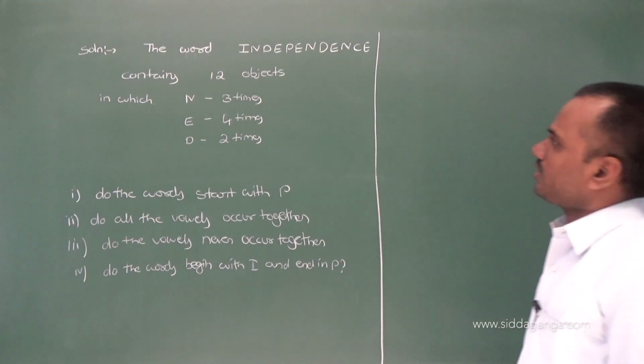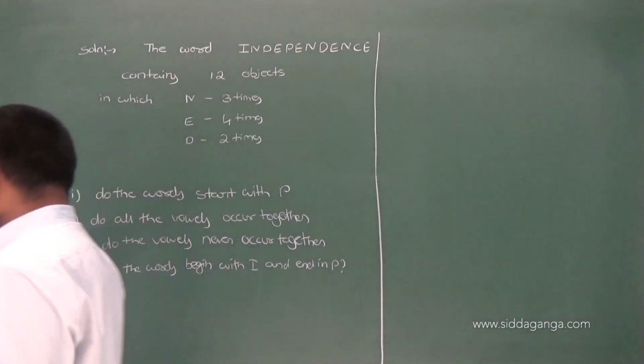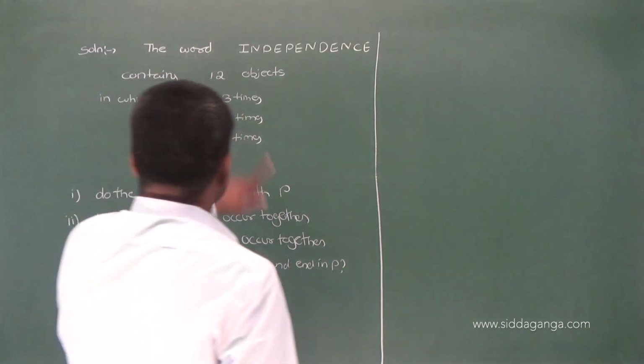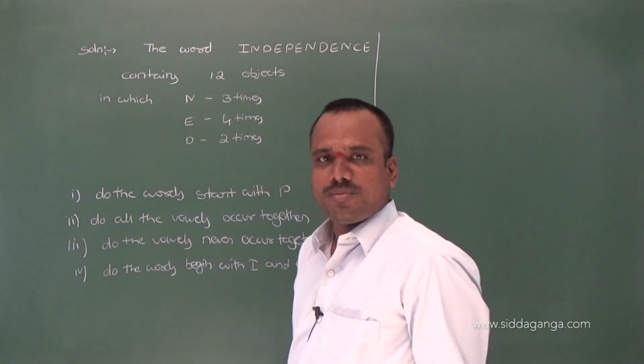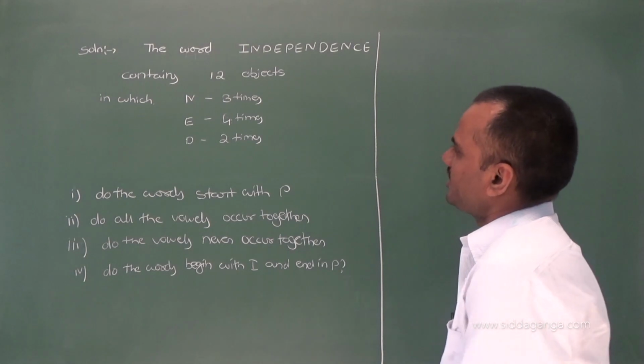The word INDEPENDENCE contains 12 objects. N repeated 3 times, E repeated 4 times, D repeated 2 times.